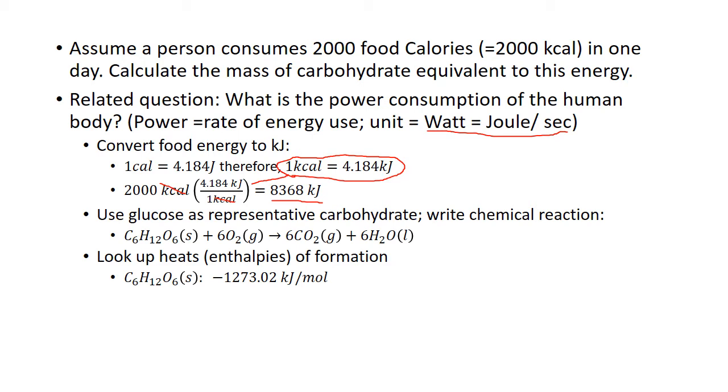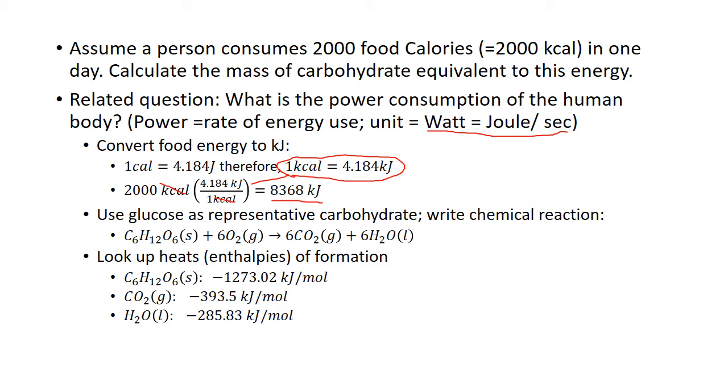For glucose, it's minus 1,273.02 kilojoules per mole. That is the energy change when I make 1 mole of glucose from its elements. And I look up the similar quantities for carbon dioxide, minus 393.5, and for water, minus 285.83.